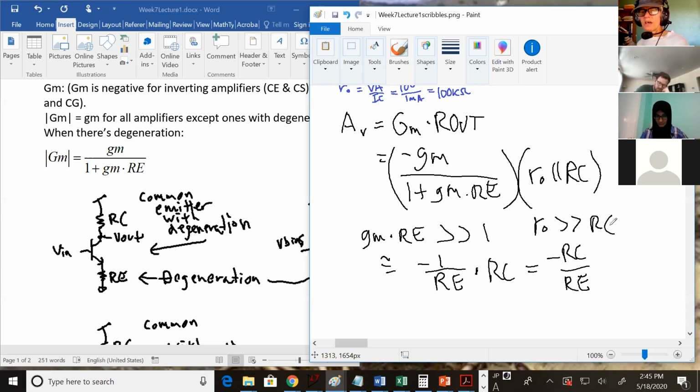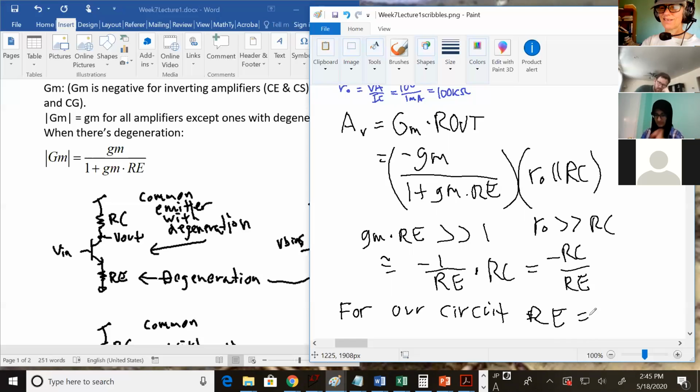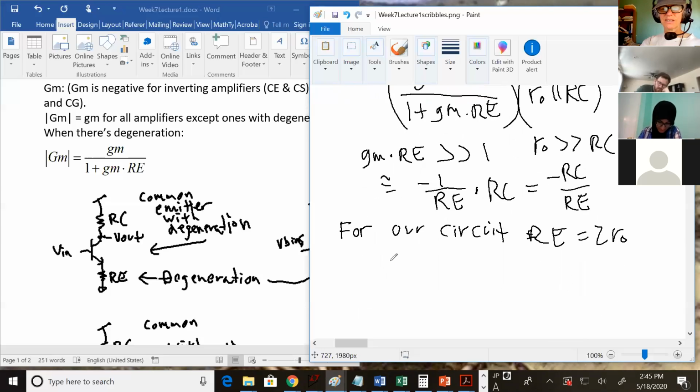And in this case, what's your RE for our circuit? 2 RO. Exactly. So what is your gain approximately? Minus RC over 200K.